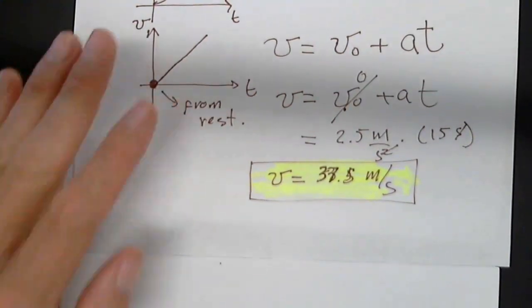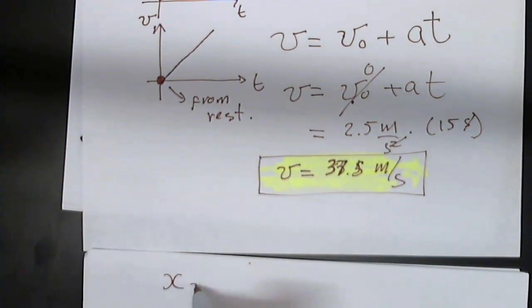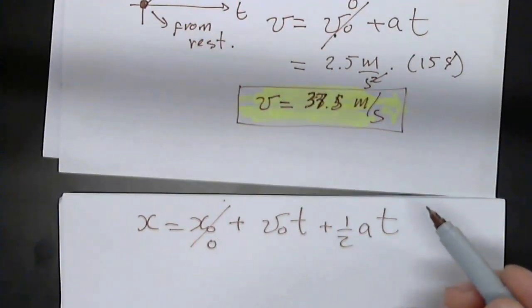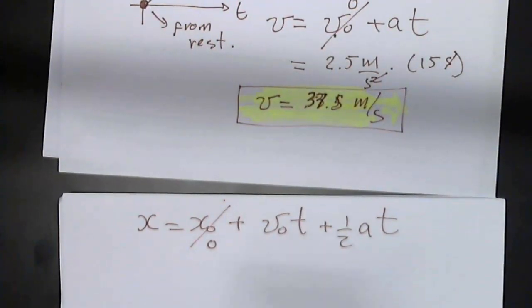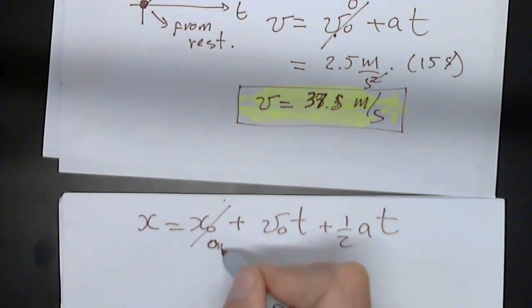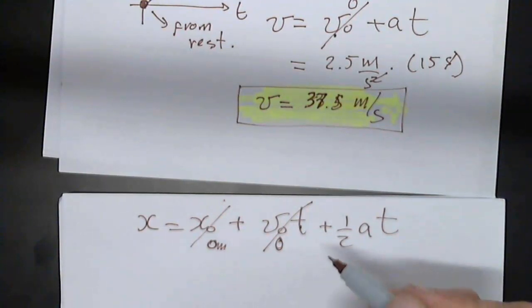Now let's find the position. Where is it located 15 seconds later? This is the equation. And the initial position we set up to be 0. Let's pretend that we put the origin where the train was stopped. So we set it up to 0 meters. And the initial velocity is 0, and 0 times 15 seconds is 0.